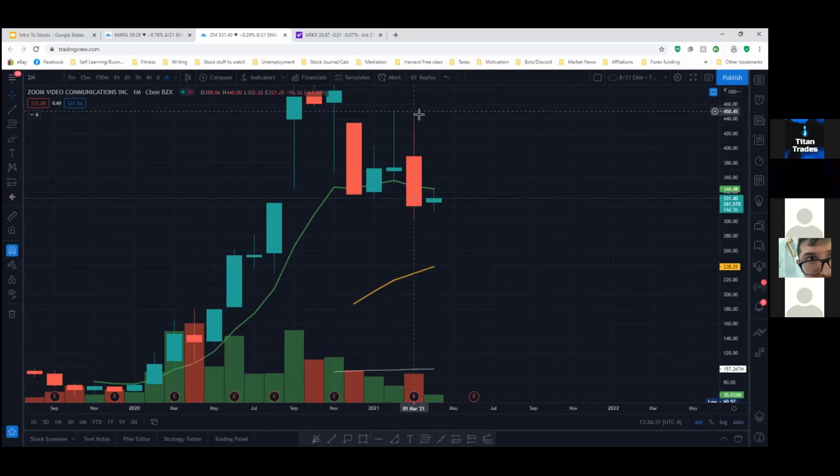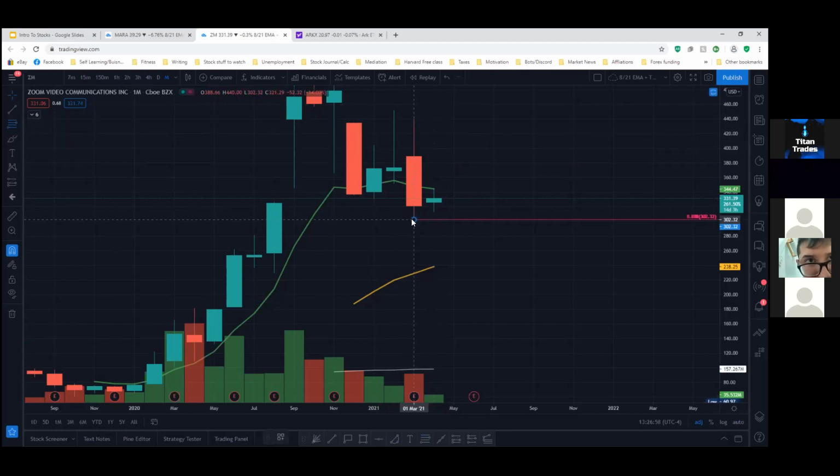So in this case, this is your mother candle. And especially for the monthly time frame, you want your mother candle to be very large resistance and support levels, especially like this. If you chart this, this is from 300 to 440, right? So this is a very large level to track.